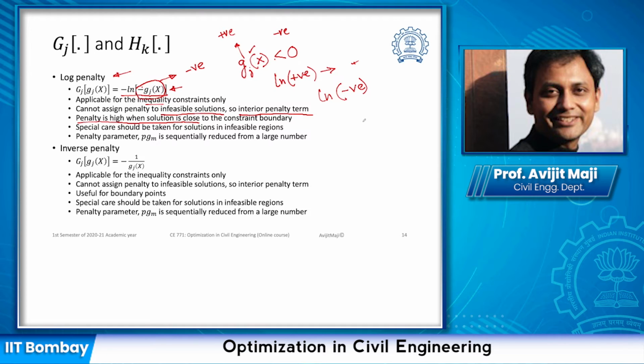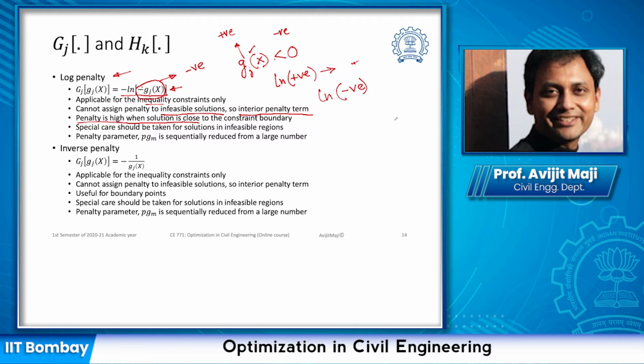So any solution which is coming very close to the boundary is again going to be pushed away from the boundary. However, this particular method does not take care of the infeasible region, so we have to separately take care of that while solving.